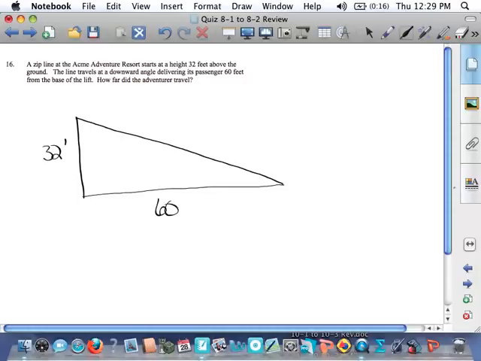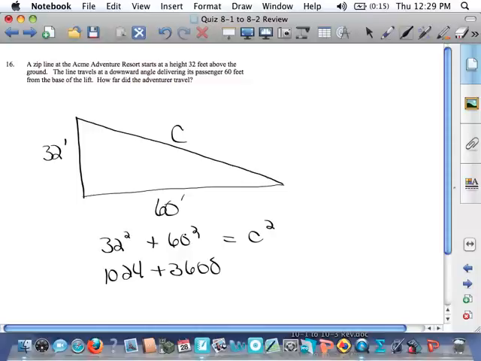How far did the adventurer travel? So that would be C. So this is the Pythagorean theorem. 32 squared is 1,024 plus 60 squared, 3,600 is equal to C squared.